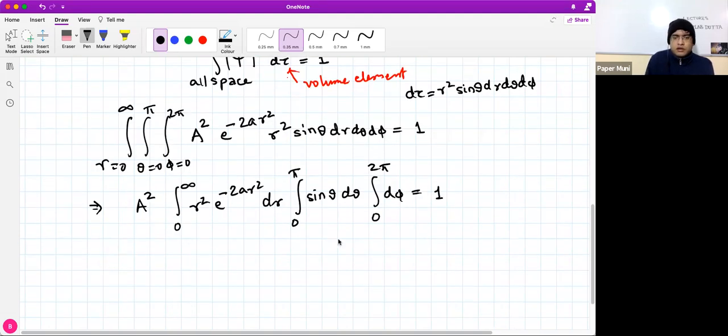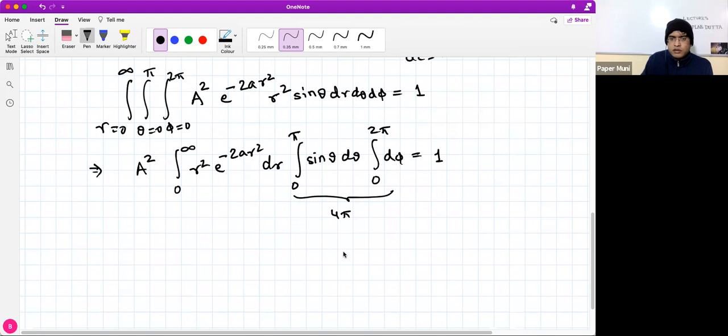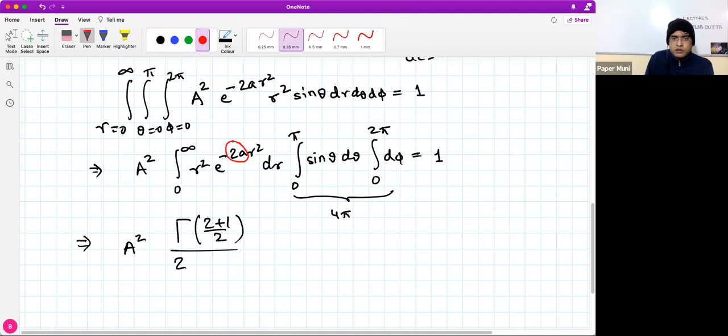Now this part will give you 4 pi. Let's calculate the rest of the part, which is A square times the radial integral. We have the formula for this, with the gamma function of (2 plus 1) by 2, and the coefficient here is 2a, so we have 2a to the power (2 plus 1) by 2.